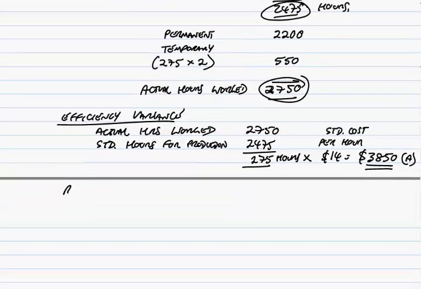What about the rate variance? Now, a little bit unusual, but I think again we've sorted it. For the rate variance, you take the actual hours we worked and compare what we paid with what we should have paid. Well, rather than do great long working, surely here's the actual hours we worked.